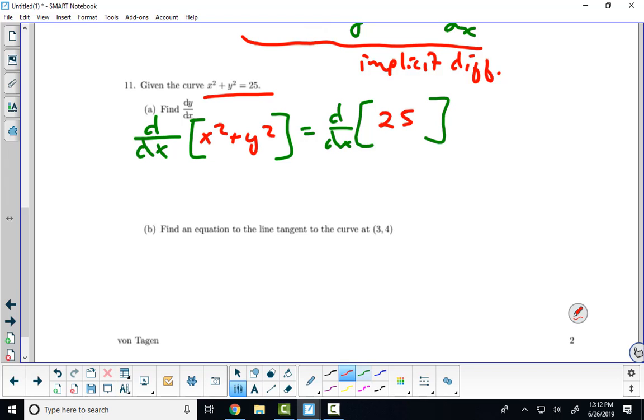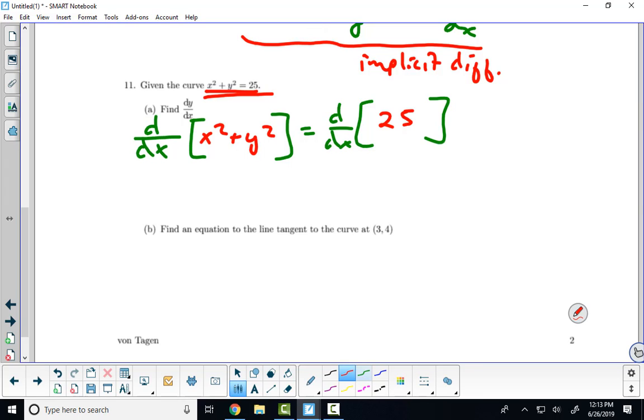Folks, what did I do between the question and this first line? I stated that I'm going to take the derivative of each side. I've just written out that I'm going to take the derivative of both sides of the equation. Everyone see that?